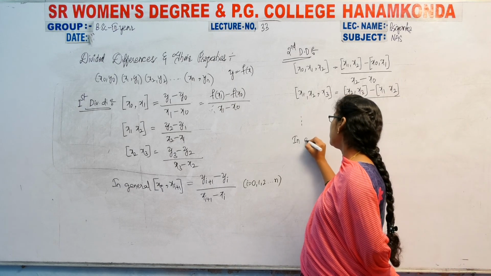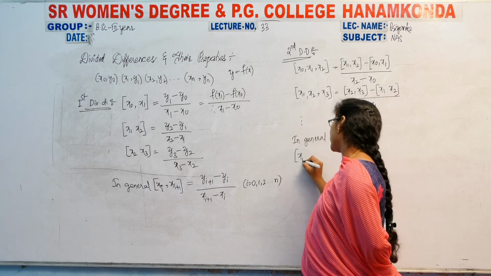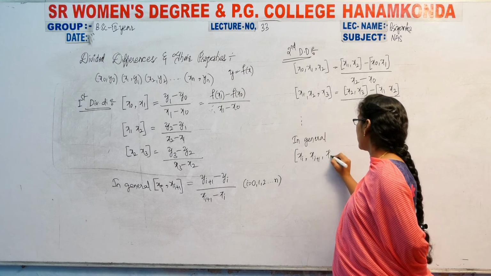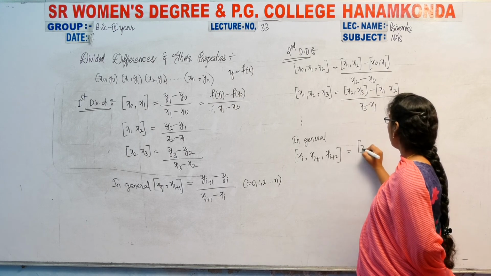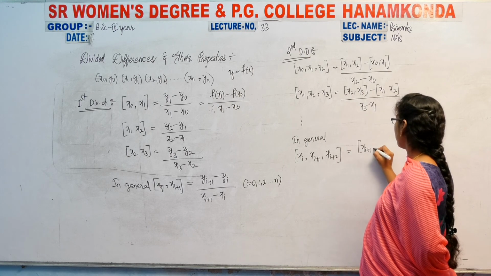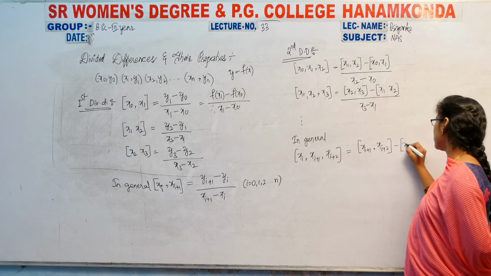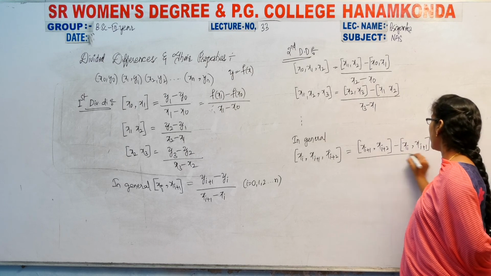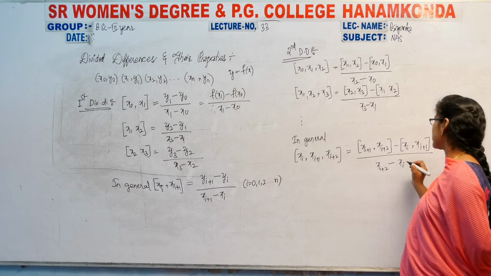In general, [xi, xi plus 1, xi plus 2] is equal to [xi plus 1, xi plus 2] minus [xi, xi plus 1] by xi plus 2 minus xi.